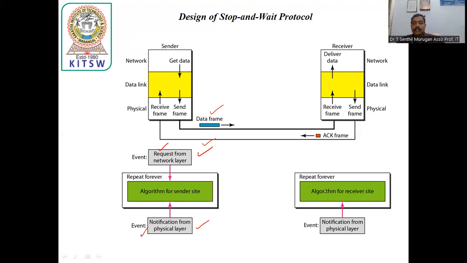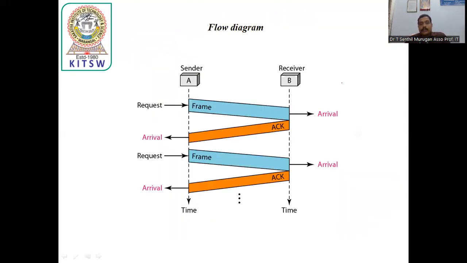But on the receiver side, it will only send the acknowledgement, once it has received a notification from the physical layer. Accordingly, it will do the operation. Whatever we have discussed, after getting the bits, they are converted into frames, then the frames are sent to the network layer. Okay, so these are the operations of the stop and wait protocol.